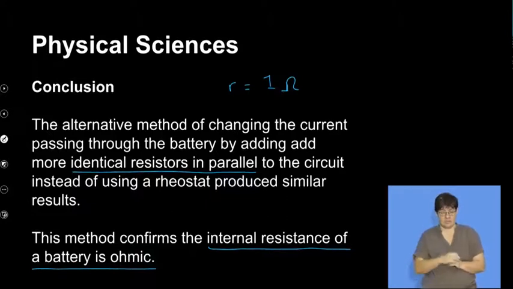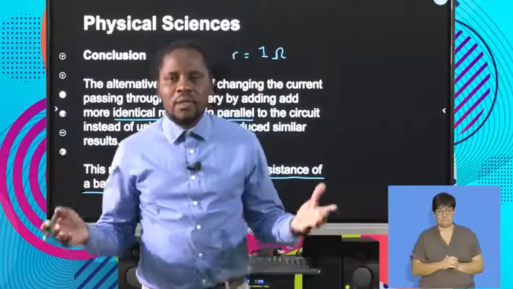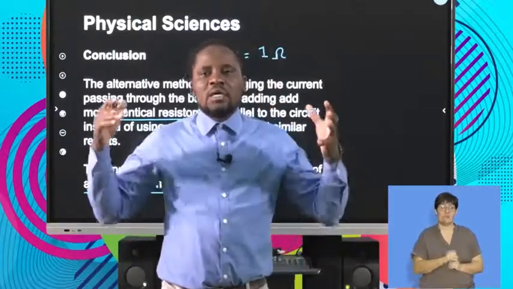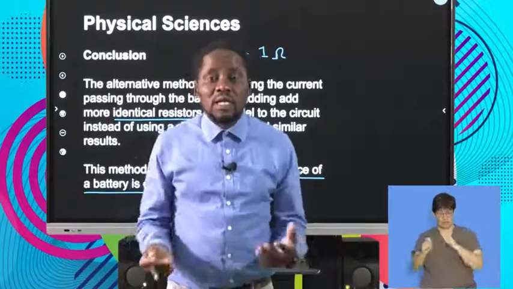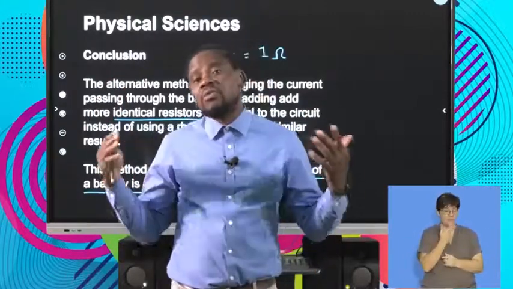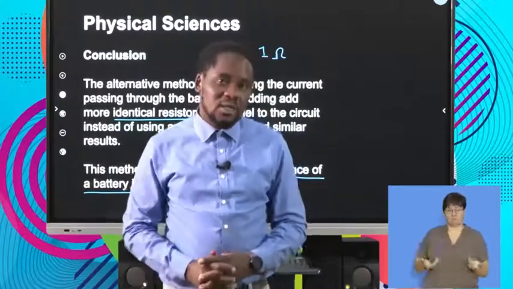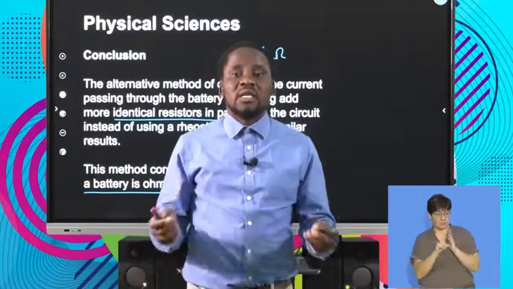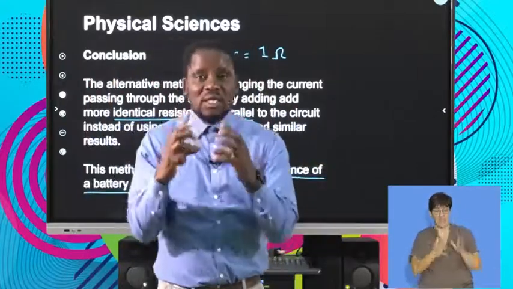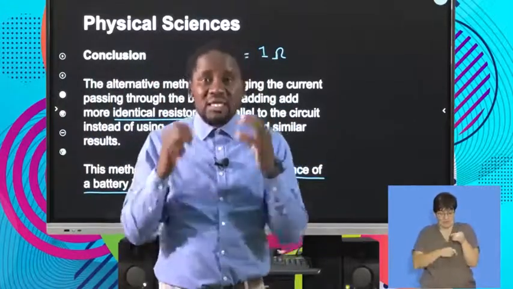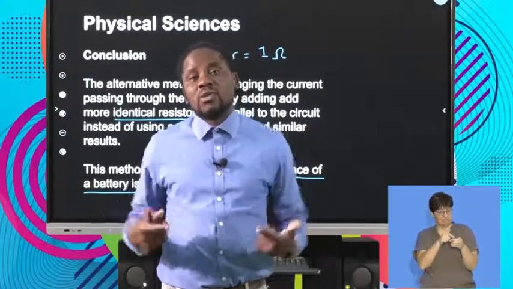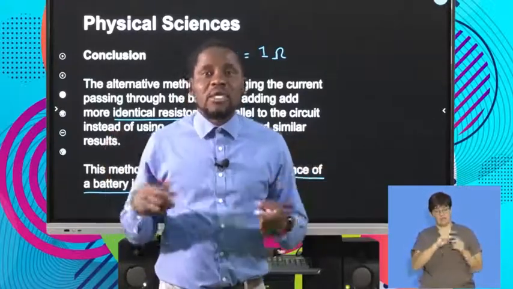Let's put that into context. We are saying that no matter how much we vary the current that passes through the battery, that has no bearing on the magnitude of the internal resistance of the battery. But more important is that the internal resistance of a battery is an ohmic type of resistor.